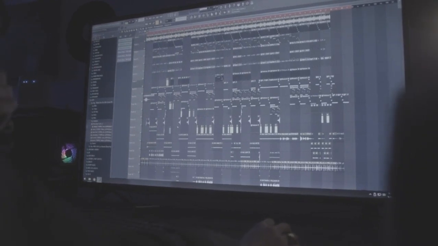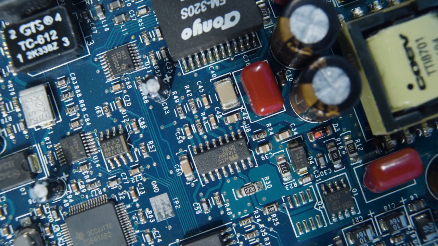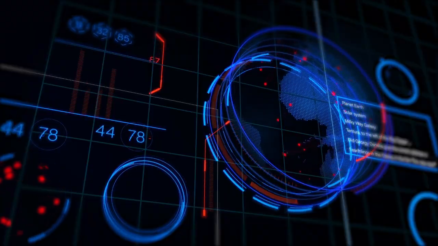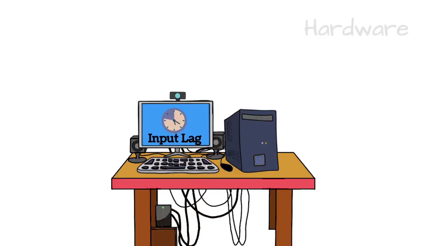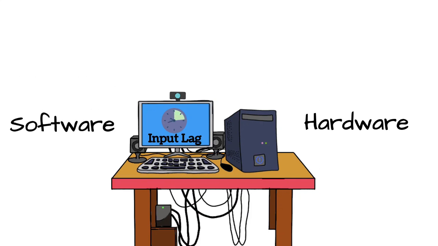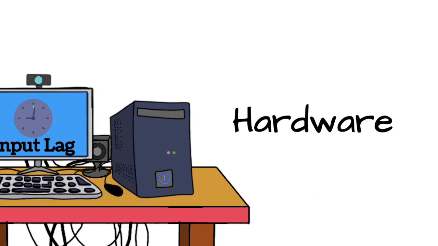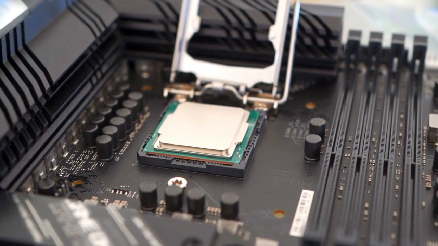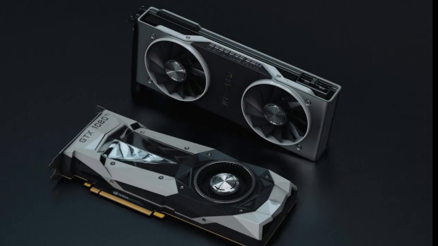We all know that there are only two types of things in a computer, hardware and software, and input lag is also caused by one of these two. If we look at it from the hardware side, many devices can be responsible for it, like mouse, keyboard, CPU, GPU, monitor, RAM, etc. If we talk about wired and wireless hardware, then input lag is negligible in wired hardware as compared to wireless.